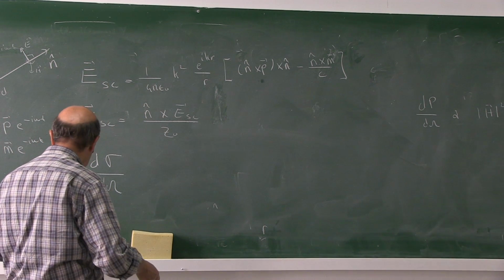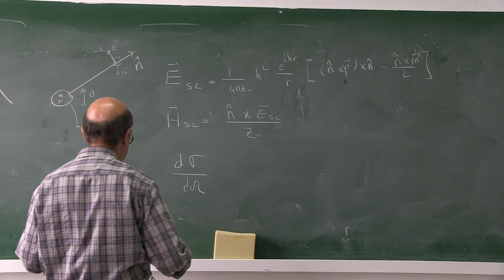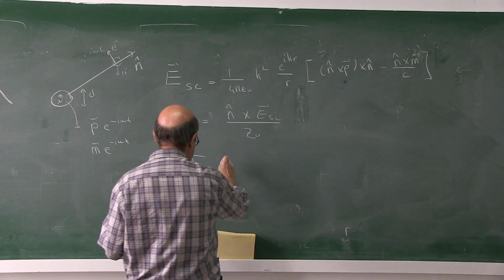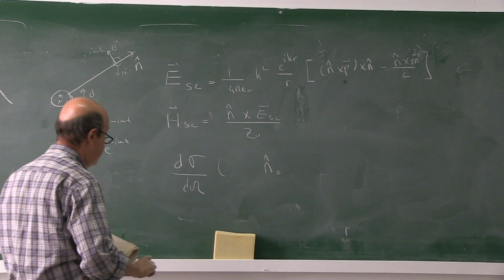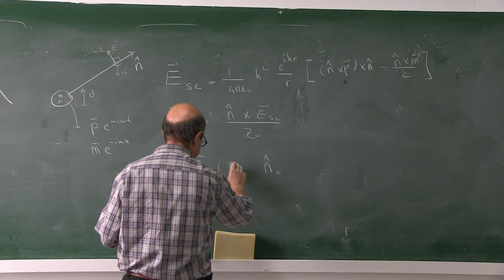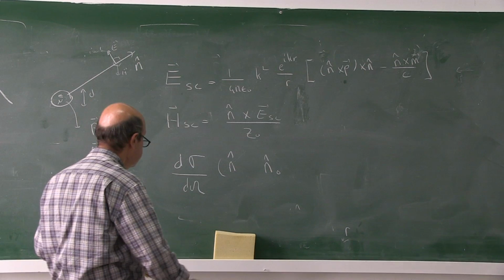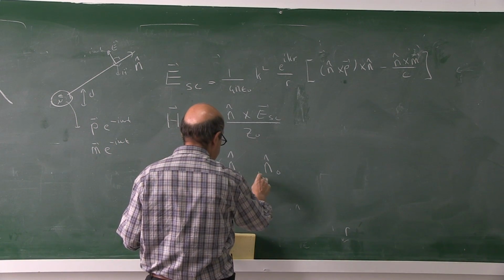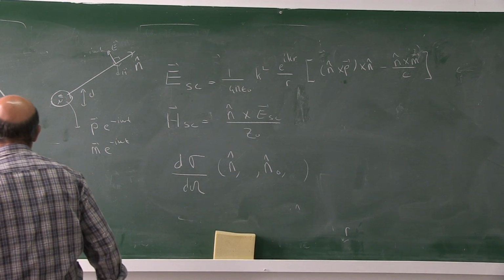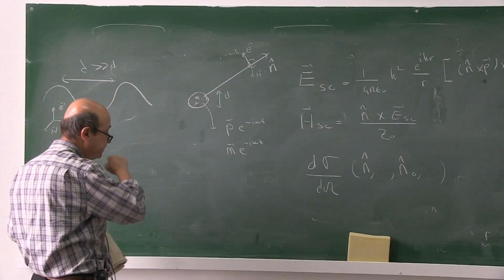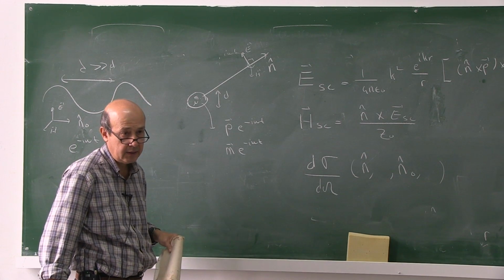So basically, what should be inside the scattering cross section per solid angle? You should have the incoming direction of the wave and the outgoing direction, and something inside we will deal with. The other thing will be the polarization.